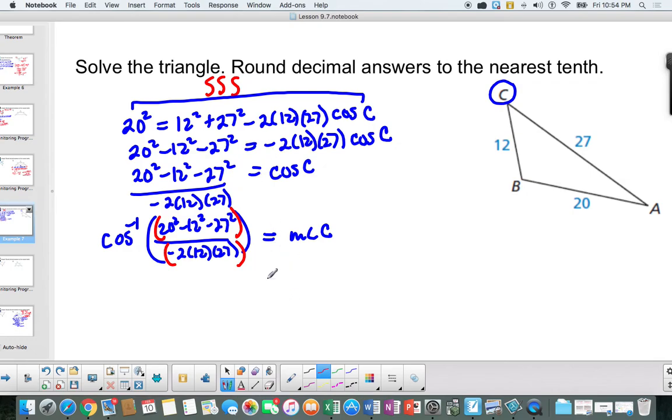And I get for the measure of angle C approximately 43.1 degrees. So angle C is approximately 43.1 degrees.